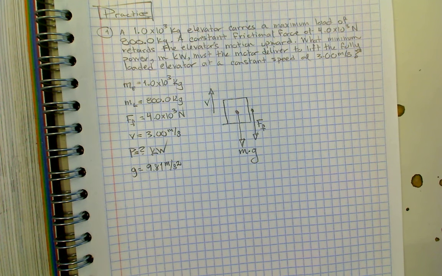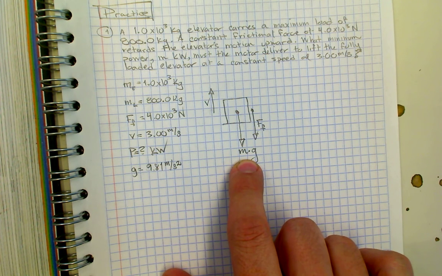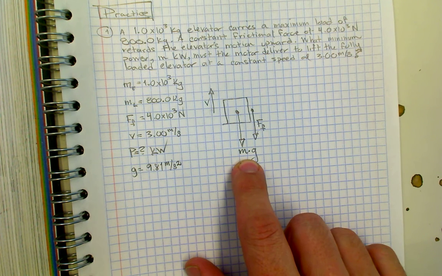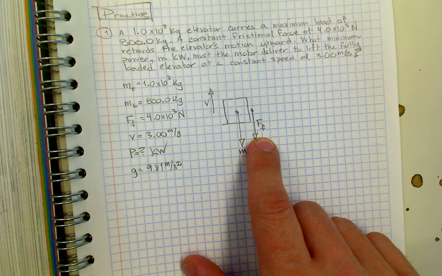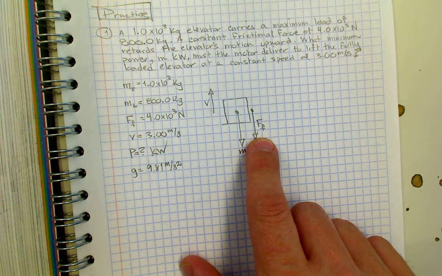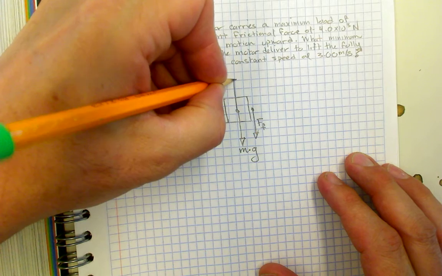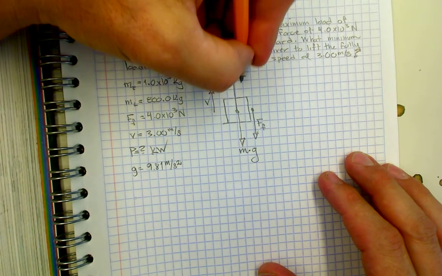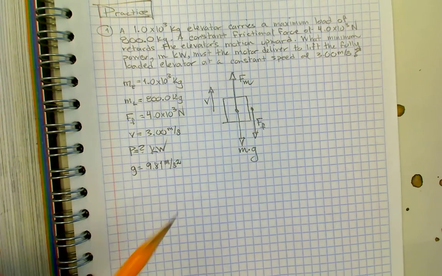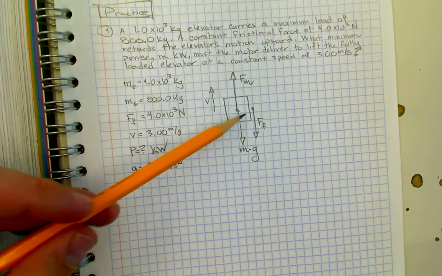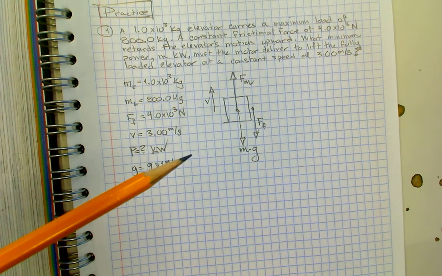So in order for this elevator to lift both the weight of the elevator and its load, it's going to have to also work against this friction force. So the force that the motor has to supply is going to be the sum of these two forces.